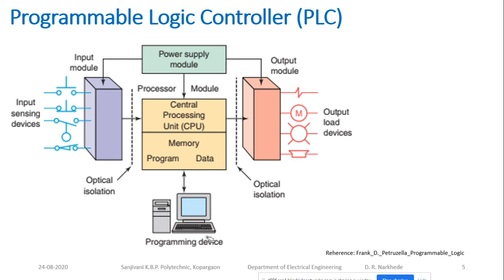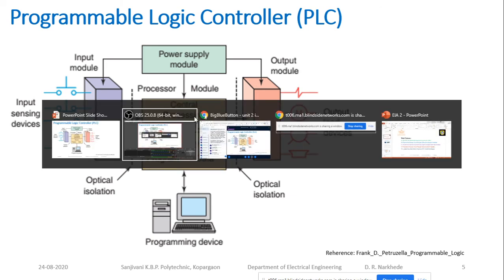Without a programming device we cannot program the PLC. The programming device may be a dedicated programmer, a laptop or computer, or a handheld programmer. These are the various blocks of the PLC. In tomorrow's lecture we will discuss the block diagram and the various blocks of the PLC in detail.